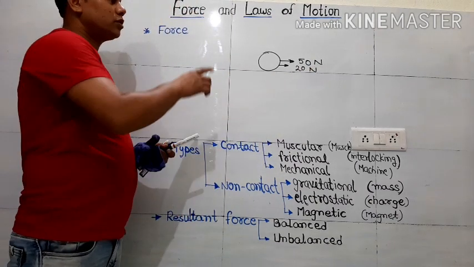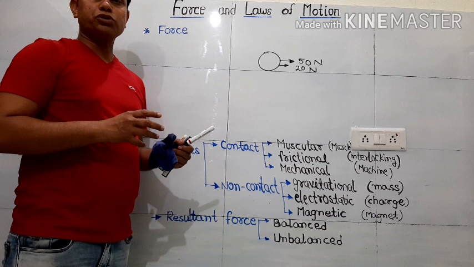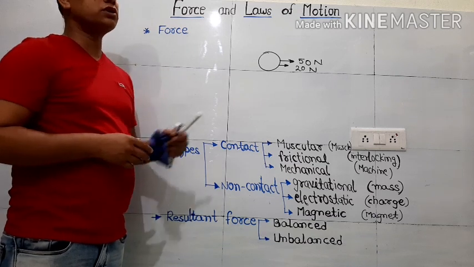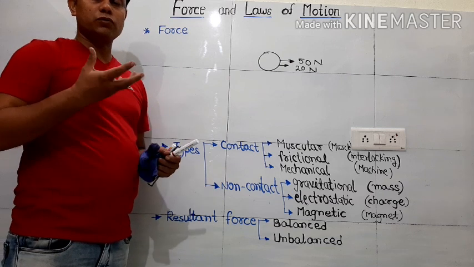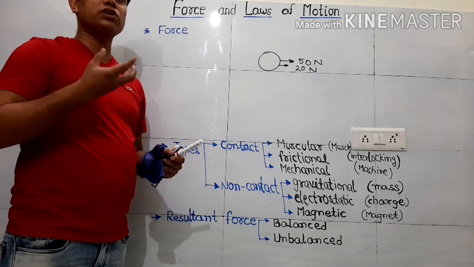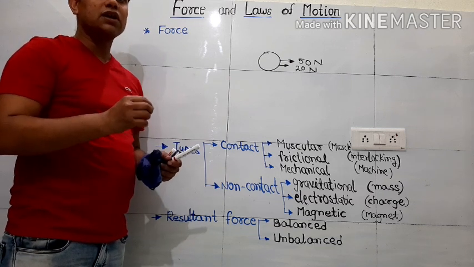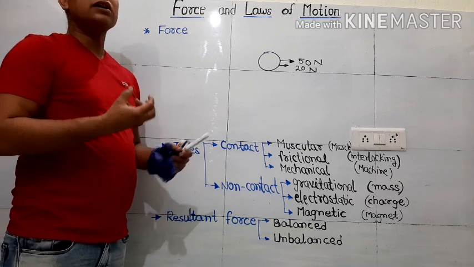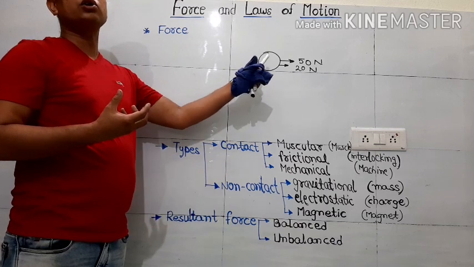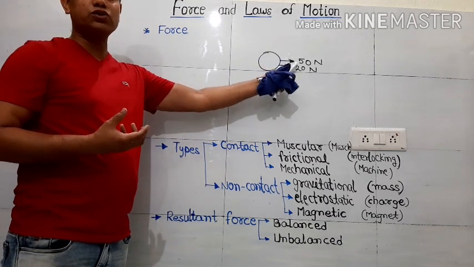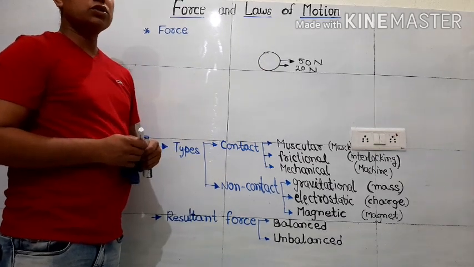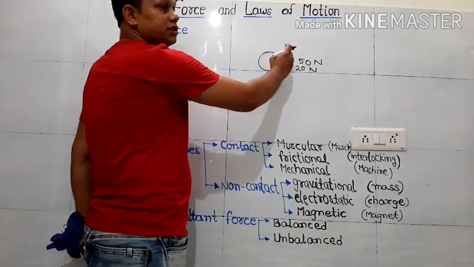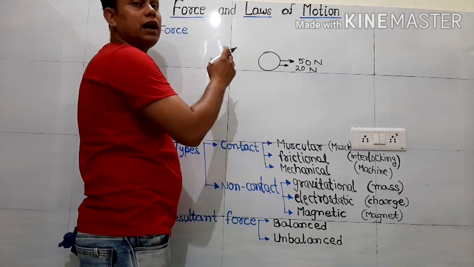Now our question is, what is the value of the resultant force on this object? If the question is asking for the resultant force, we have to calculate how much force is finally being applied on the object by these two forces. According to vector notation, if two vector quantities are in the same direction, they get added.